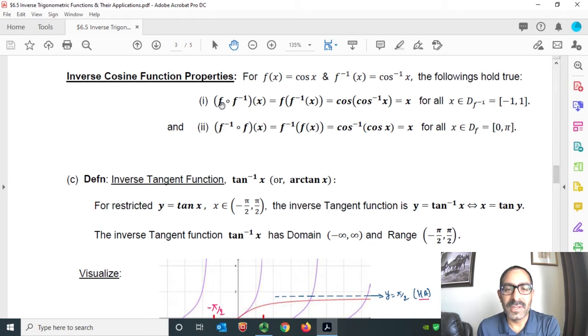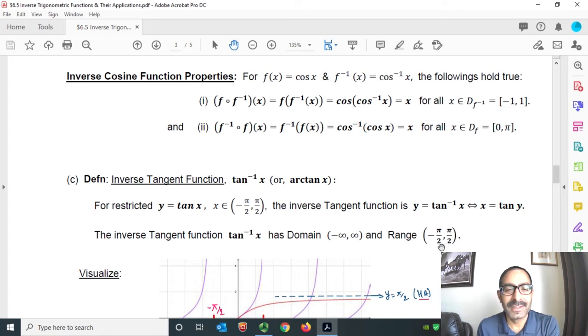The composition f composite f inverse, evaluated at x, equals cosine of cosine inverse x equals, again, cosine and cosine inverse cancel, it only gives us x for all x in the domain of f inverse. Similarly, we can switch the position of the function and the inverse. So f inverse composite f at x equals cosine inverse of cosine x equals x for all x in the domain of f.